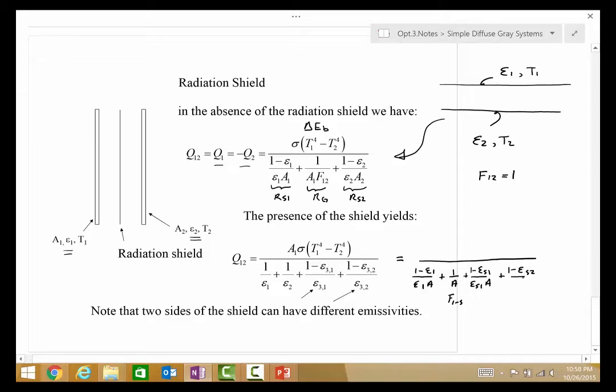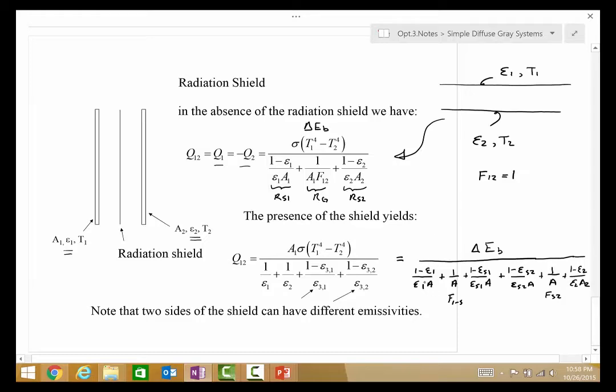Shield side 2 geometric resistance, view factor between the shield and surface 2, and finally geometric resistance on surface 2. So this is the full version, and then of course here's our delta EB in the numerator. So here's our gory, fully fleshed out version.